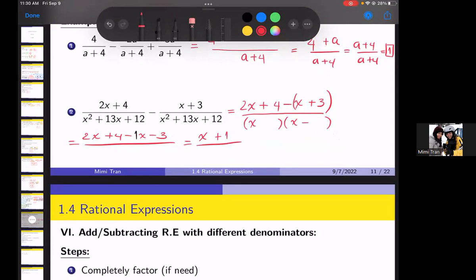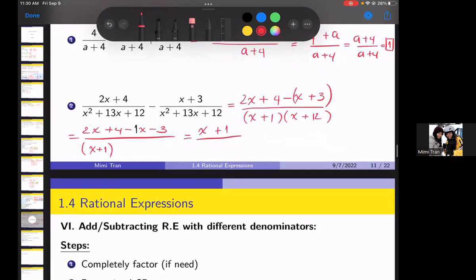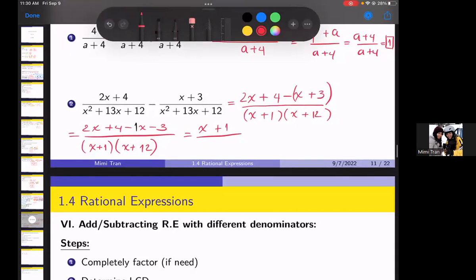Yep, x plus 12 and x plus 1, or x plus 1 and x plus 12, does the same thing. And then you can simplify, right? So it equals 1 over x plus 12.